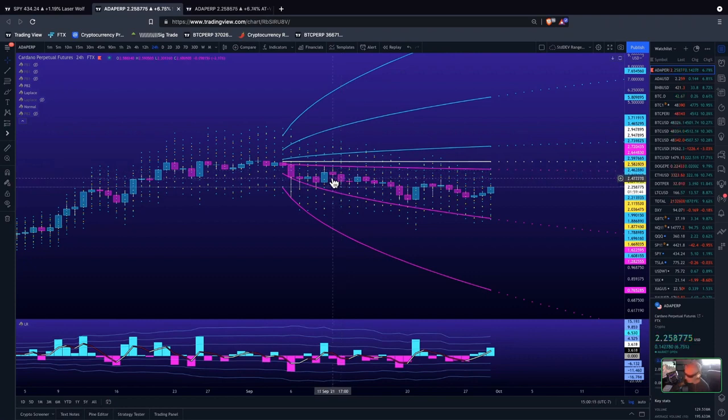Actually wicks down to the first standard deviation normal distribution. Is that the first? Yes. Then sucks up inside the yellow dot right there, which is the 68.3 Laplace distribution to the downside on that daily candle. Opens back up, down we go, right? Down, down, down. Almost got down to the 95.4. Been going sideways pretty much ever since.